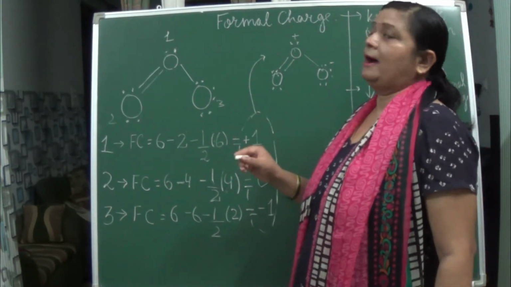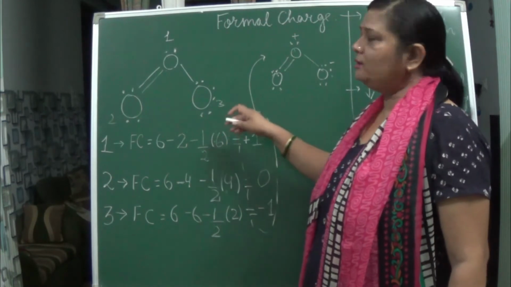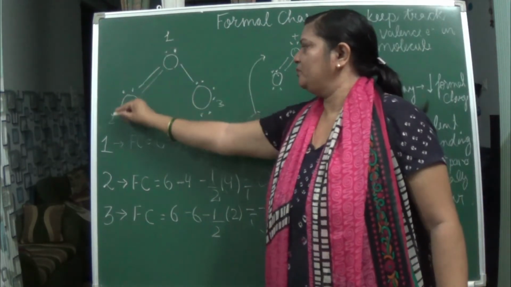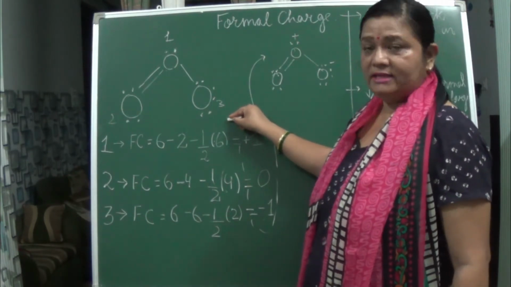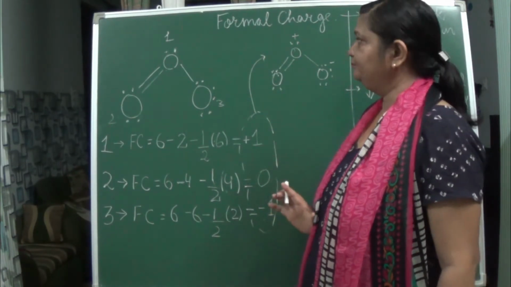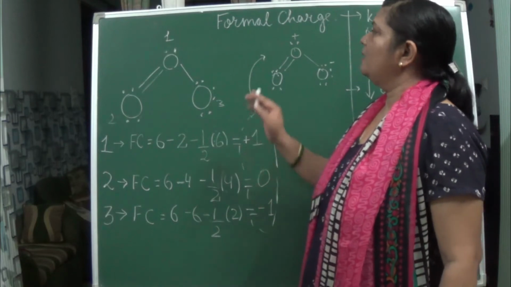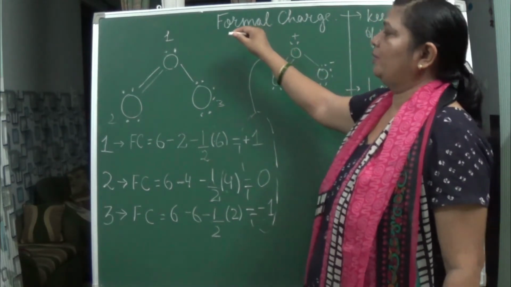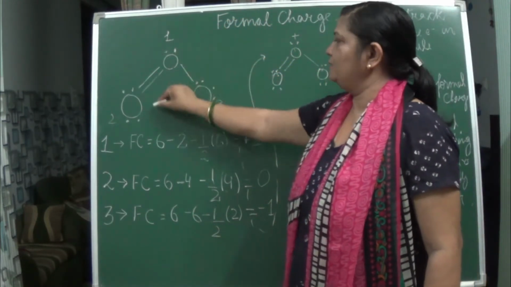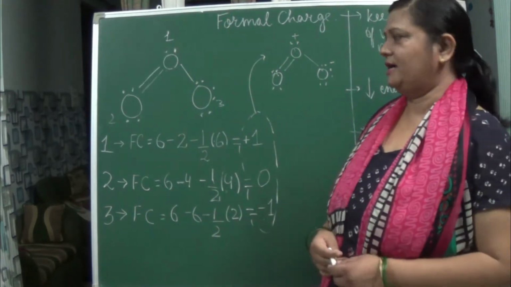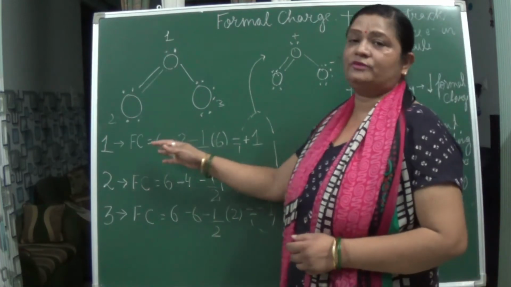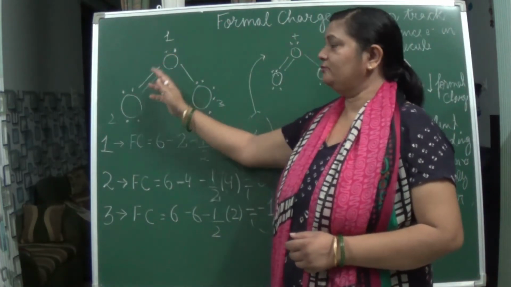Now here, according to the Lewis dot structure, the structure of the ozone molecule is like this, forming covalent bonds. Now here you can see, when we have assigned 1, 2, 3, first we are going to take out the formal charge of the first atom of oxygen.